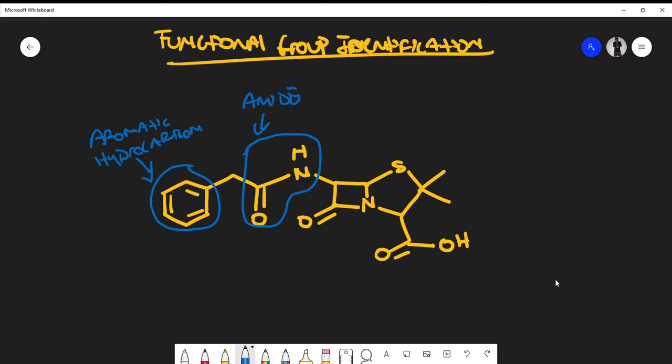And we're going to differentiate it from an amine, which is something different. So again, a carbonyl group or a double bonded oxygen adjacent to a nitrogen, it doesn't matter if the nitrogen has 1 hydrogen on it or 2 or even none, it's still an amide.